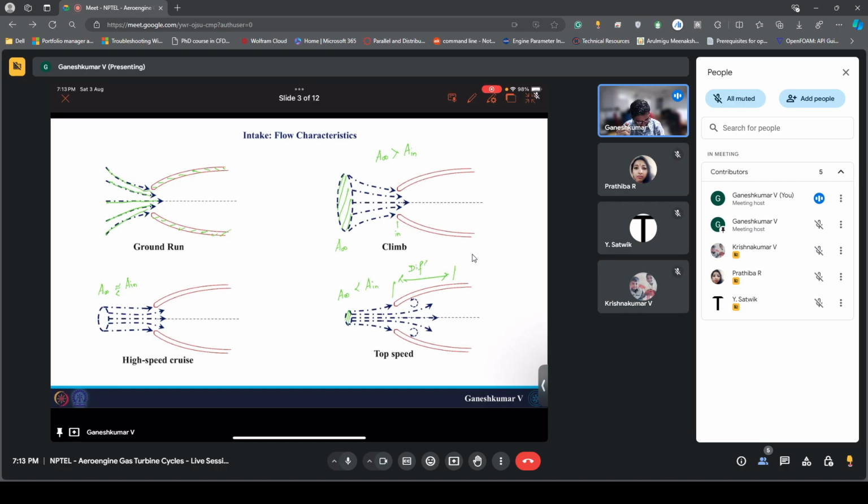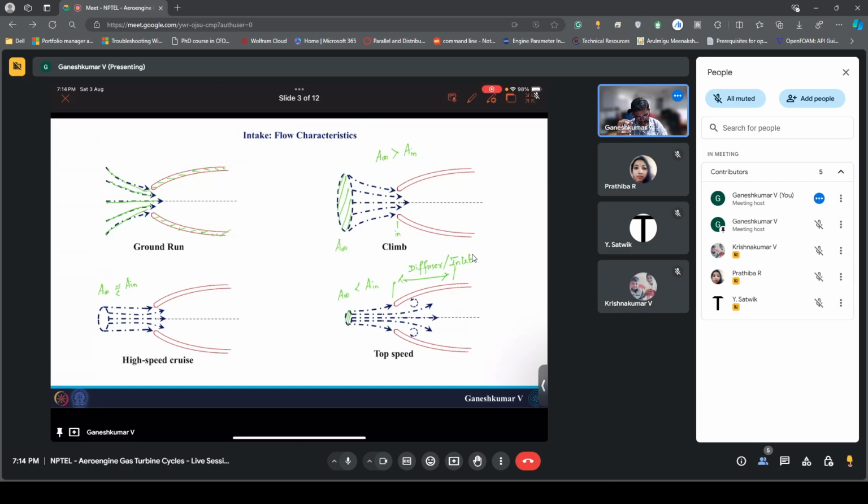You can call this an inlet, or you can call this a diffuser. So where the maximum diffusion is going to happen, or something related to that, is the question. For which of these conditions, you may need to think a little bit and answer it carefully. So these are the different flow characteristics in the inlet of the intake of gas turbine engines.